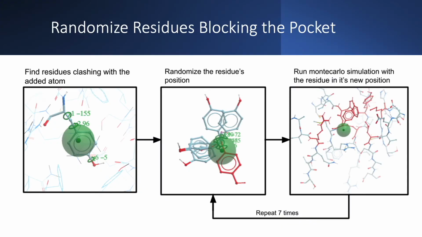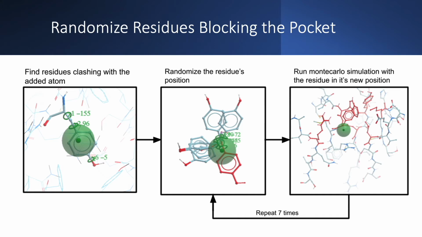Lastly, to solve this final problem, the three following steps were conducted in order on each of the three atoms at a time. I first started by only selecting the side chains that are clashing with the current added atom, instead of all the side chains around it. Then, I randomized the identified side chain's position before running a Monte Carlo on it, the side chains around it, and the backbones further around it.